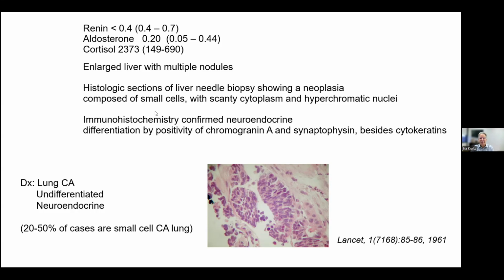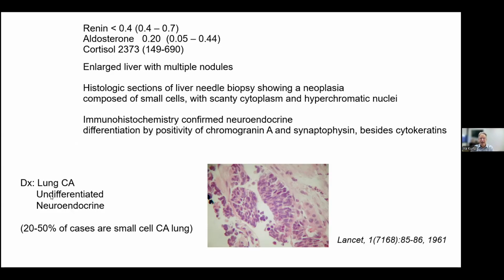And on immunohistochemistry, they did further tests and showed that these cells were neuroendocrine in origin based on their positivity for chromogranin A and synaptophysin. And there was also some cytokeratins there. So it looked like a neuroendocrine type of tumor in the liver. And the patient was felt to have metastases to the liver.